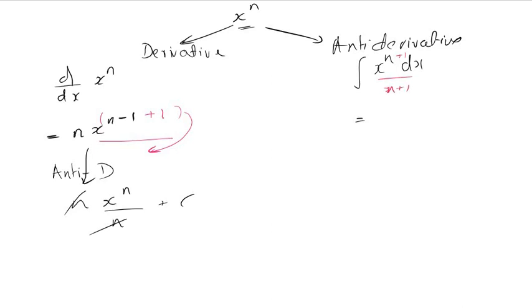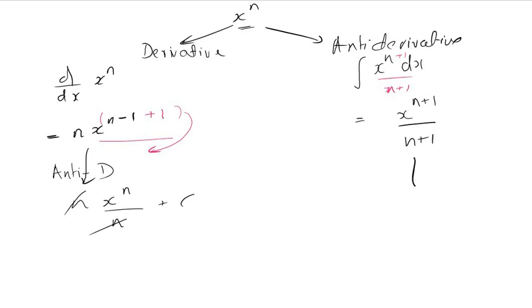So this would be the antiderivative of n x to the power n: n x to the power n plus 1 divided by n plus 1.